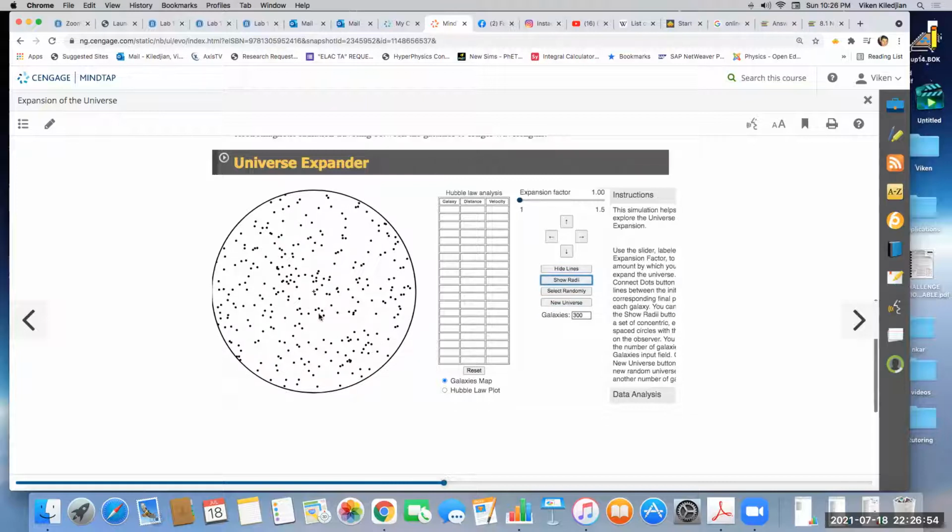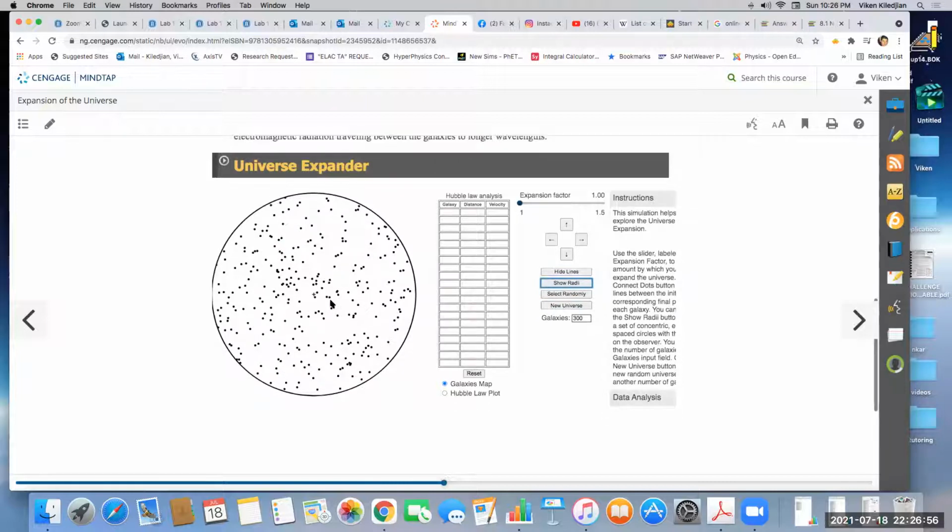So you're starting at a certain point in time, and then you're saying, let's see, what does this one do? Let's show the connect dots, and then let's expand the expansion factor from 1 to 1.5.